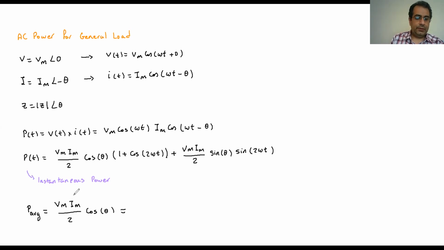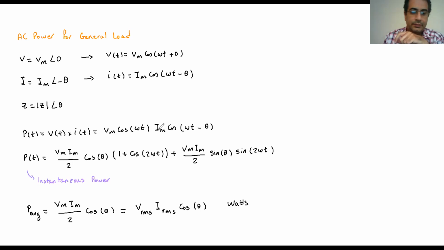If we replace Vm and Im with the root mean square values and do the calculation, we get the root mean square of V, times the root mean square of I, times cosine theta, and the units would be in watts.